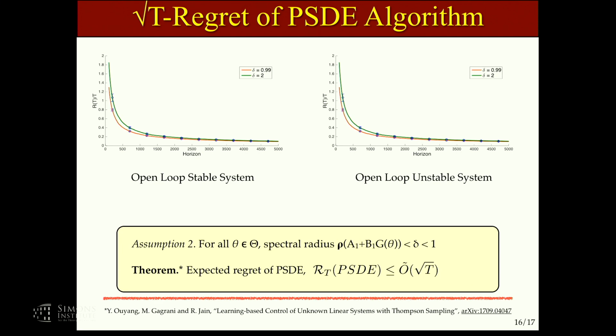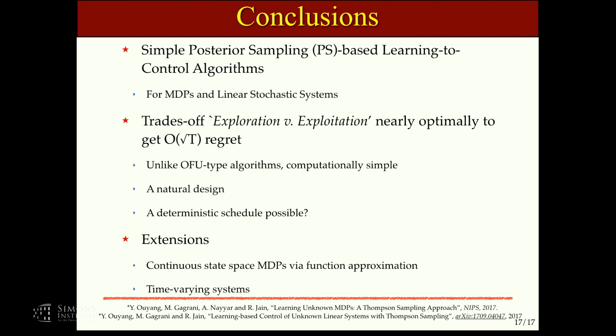All right, with that, I introduced posterior sampling-based learning to control algorithms for MDPs and linear stochastic systems. As I mentioned, initially I was a little bit skeptical about this, but it does exploration versus exploitation in a very structured way, meaning that it's doing randomization, but in a very systematic way.